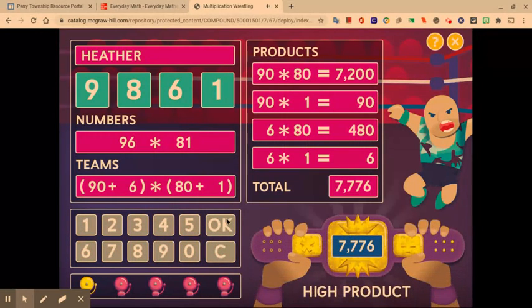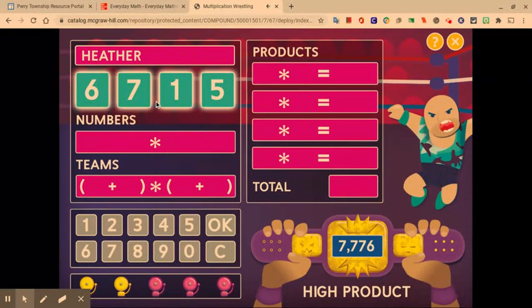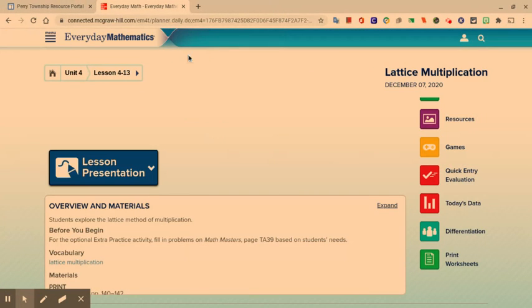And I get that correct. So that becomes my score. High product. Congratulations. And then it would go to the next problem and it would come up again, and I'm not going to do that again. So that's how you play multiplication wrestling. So when you get to this point, go ahead and give that a go.